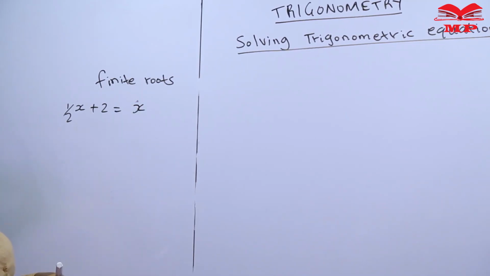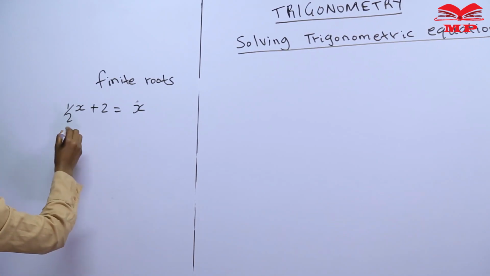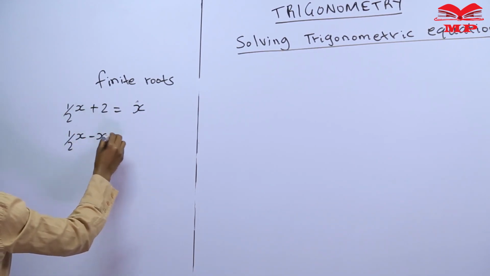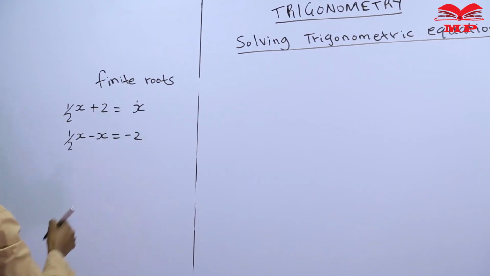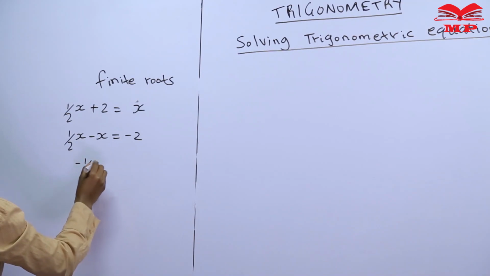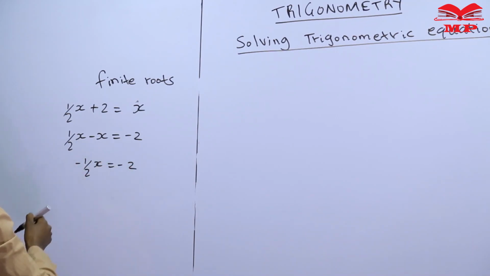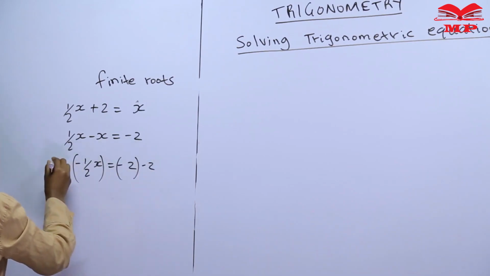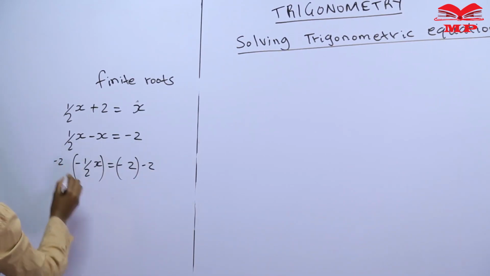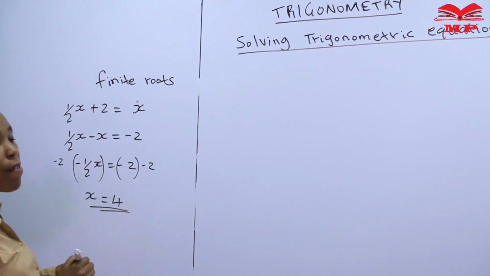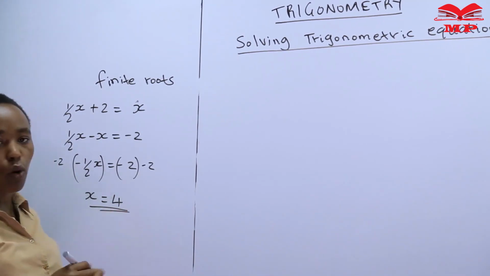This is an algebraic equation. When we are solving this, we take x to the other side, minus a half x, is equal to negative 2. Therefore, we are going to have a half x is equal to negative 2. So we can multiply both sides by 2. We have x is equal to 4. So you can see we have a finite root. Our x is equal to 4.